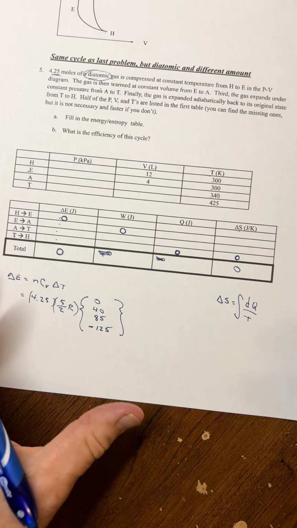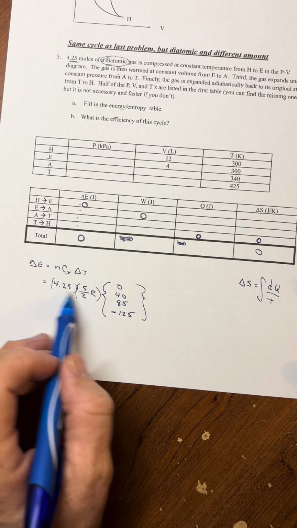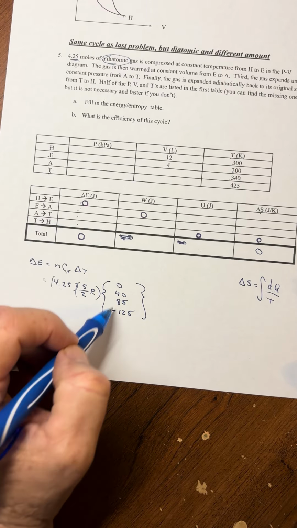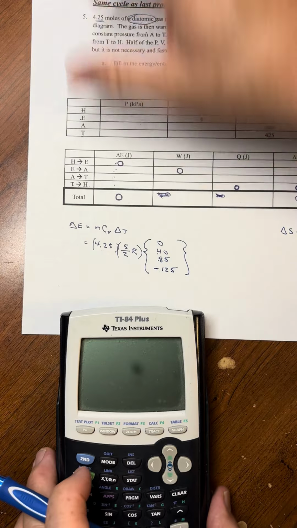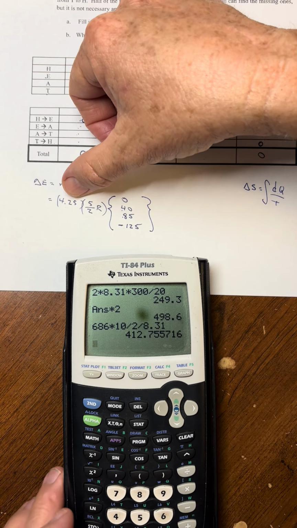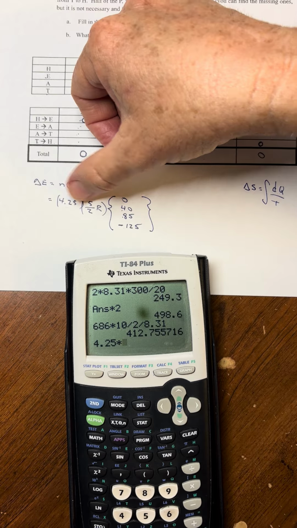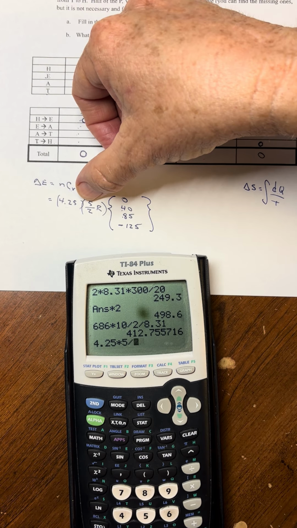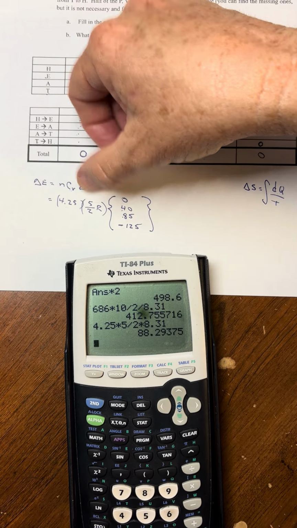And so I'll write it more like a matrix looking thing, where these will be the same for these three calculations. I'll just have a different delta T. So let me just do this number out in front. It looks kind of like an eigenvalue. So let me take the 4.25 times 5 over 2 times 8.31.